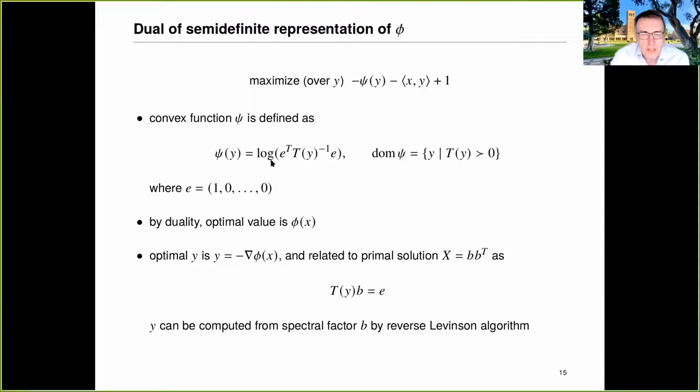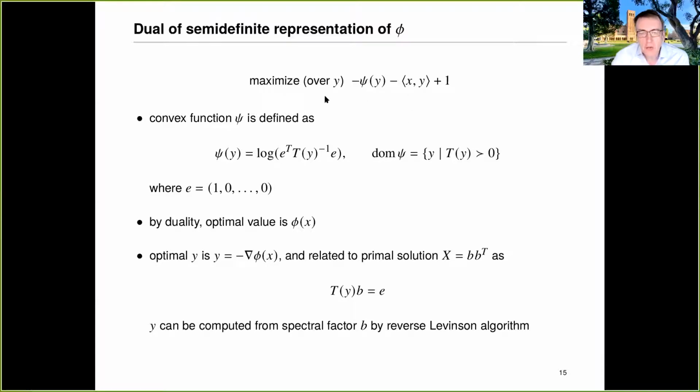And this function psi is the 1, 1 element of the inverse of the Toeplitz matrix. So E is just the first unit vector. So this picks the first element of the inverse. And then the log of that turns out to be a convex function of y. And it's, up to some changes in sign, the conjugate of this kernel function.